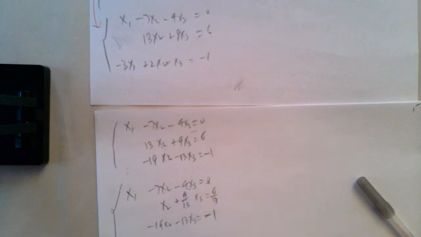So that's 11 over 13. And I'm multiplying this by 7. This is 42 over 13 plus 0 is 42 over 13. So I've done 1, 2, 3, 4, 5 different steps, and I've got a new set of equations equivalent to the original set.